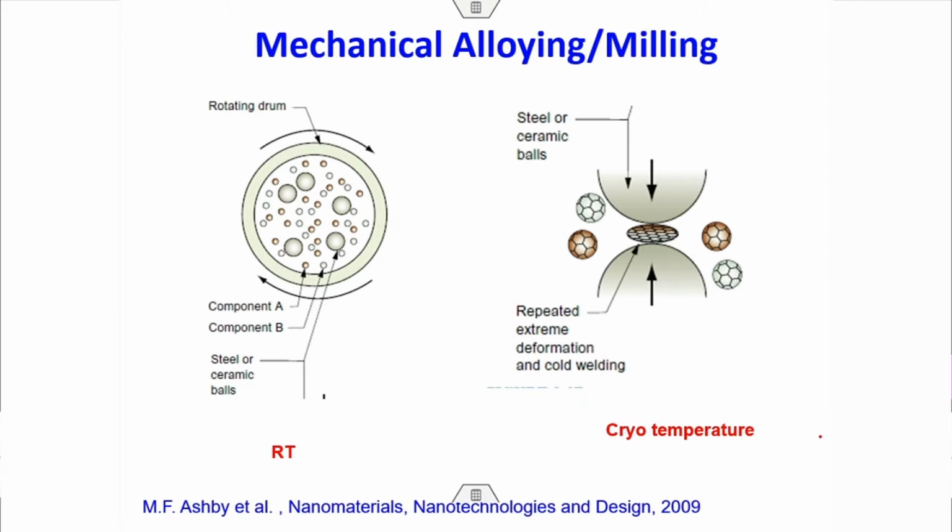Similarly, you can do high temperature milling, and you can break down the powders into pieces by accelerating the fracturing process at low temperature, as well as make deformation induced nanocrystallization of the grains. And this we have already discussed.